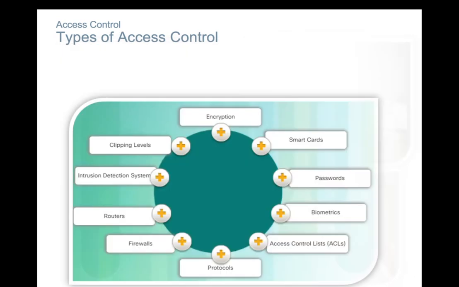Okay, and the next one is the type of logical access controls. Another type is logical access control. The logical access controls are the hardware and software solutions used to manage access to resources and systems.